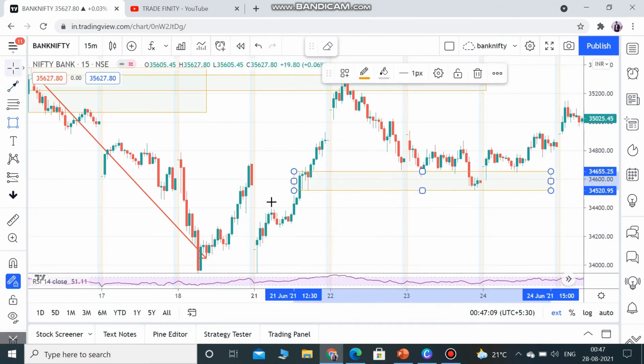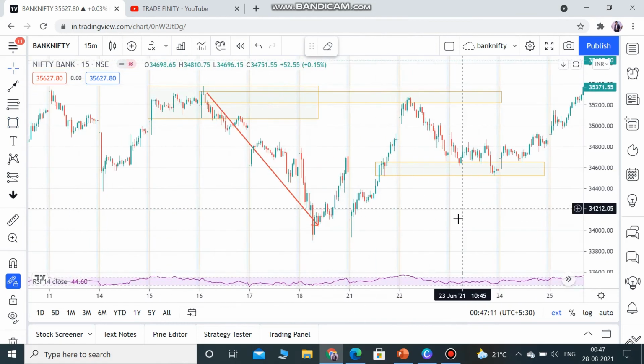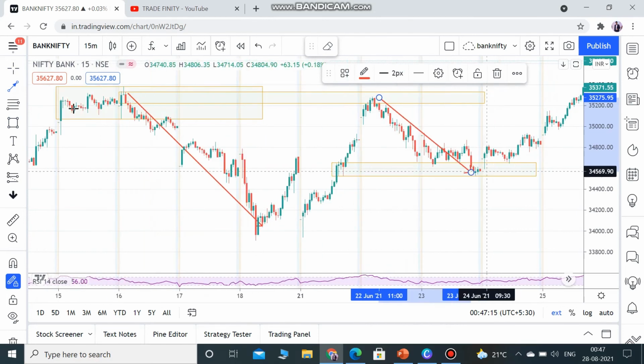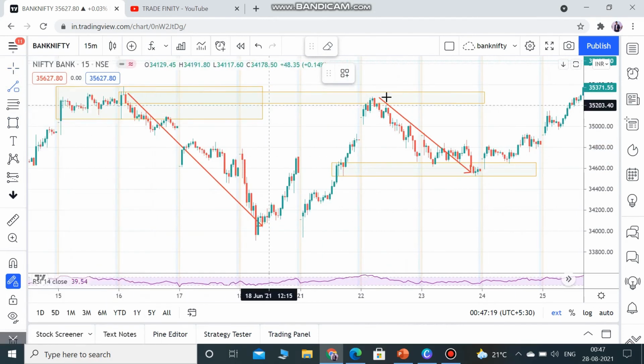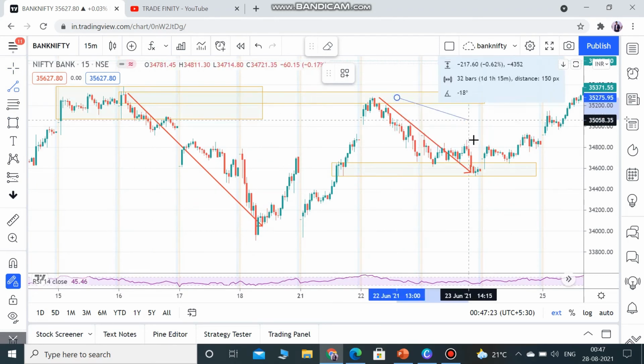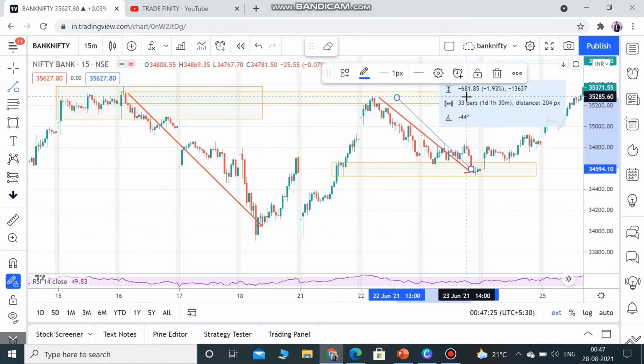So I will mark that. You don't have to worry. Once you sell here, your easy target is about here. See how much you are earning. If you are on the futures, you're done for the week. That's about 681. 681 into minimum 25. That's in and around 25 into 6 times.